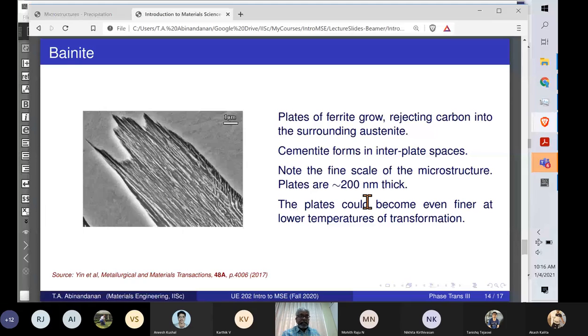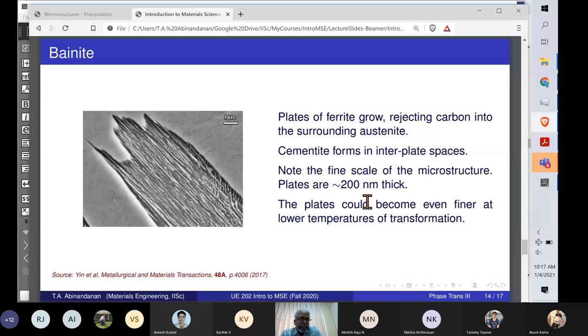I'll send you a link later for a researcher called Bhadeshia at Cambridge University who worked on these bainites. He also wrote a book called Bainite in Steels, which he has made available for free on his website. He is famous for developing something called super bainite.